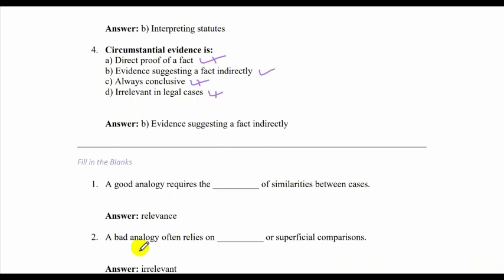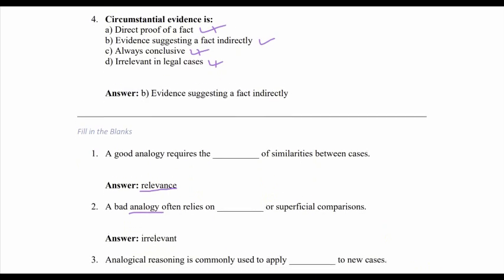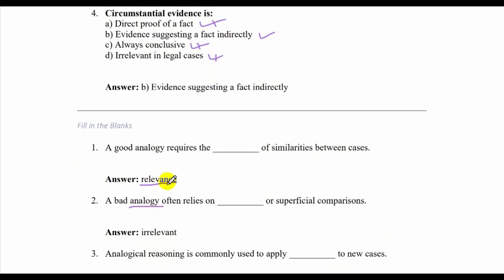So what we need to remember is that when we are talking about analogy, there is relevancy or irrelevancy. A good analogy is relevant and a bad analogy is irrelevant. Means dependable or not dependable.